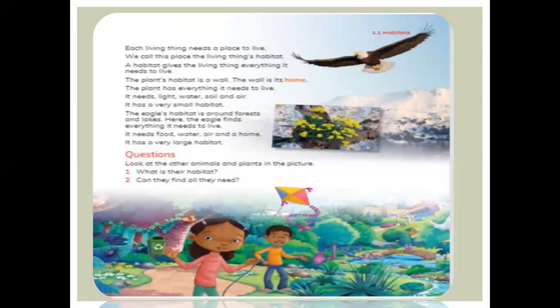That's why we live in the city. So the city is our habitat, you can say. Likewise, animals find food and water where their requirements are fulfilled, and they make their shelter in the same place. That place is their habitat.